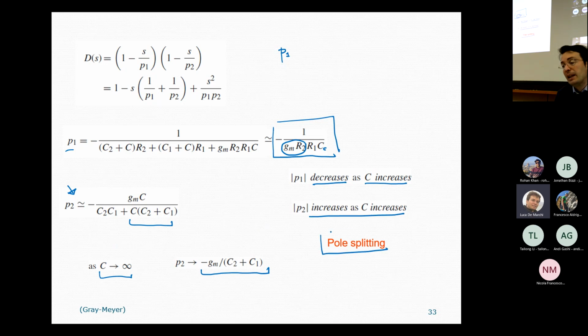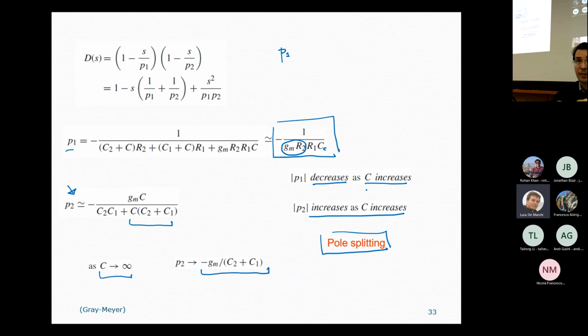So the poles, which are initially quite close to each other when C is small or null, tend to split apart when C is increased.